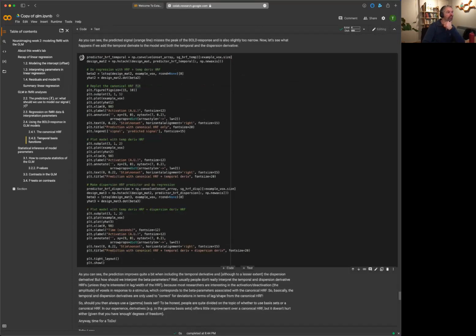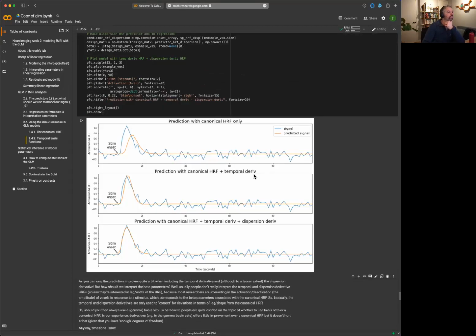Now we can regress with the temporal derivative. In essence, what the temporal derivative does is it allows you to shift the HRF in time. And when you add the dispersion derivative, this allows the HRF to become wider also, or narrower, whichever the sign of its effect.